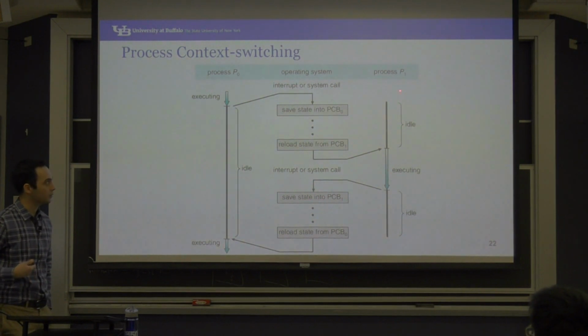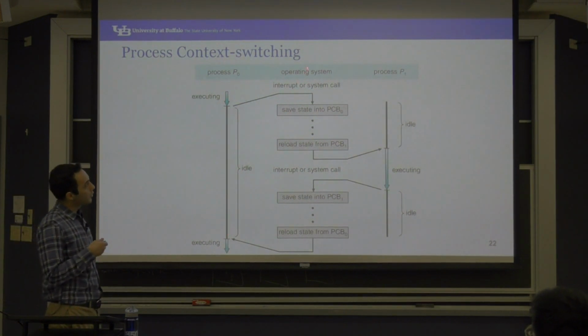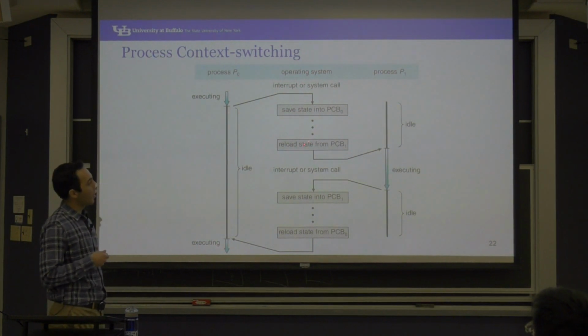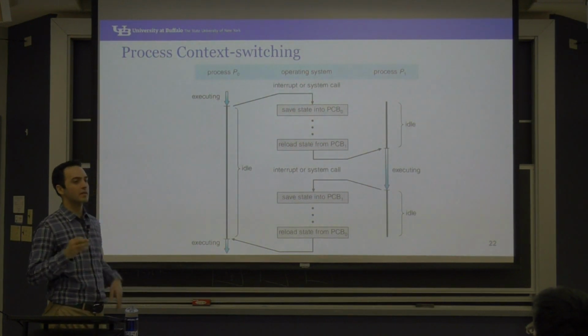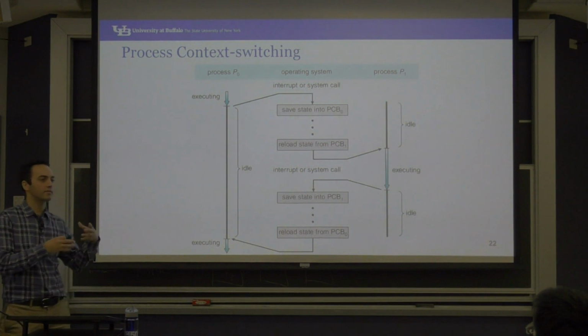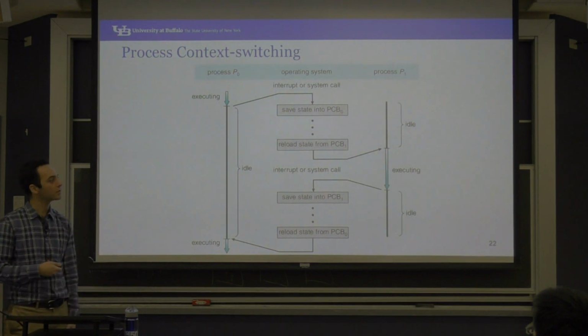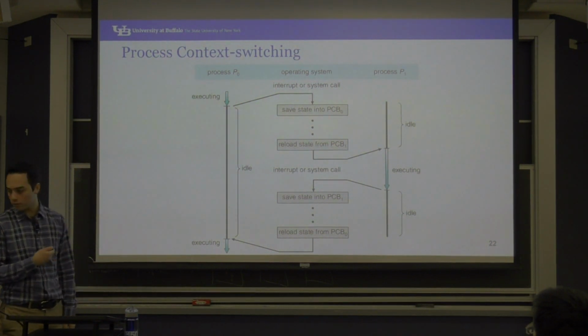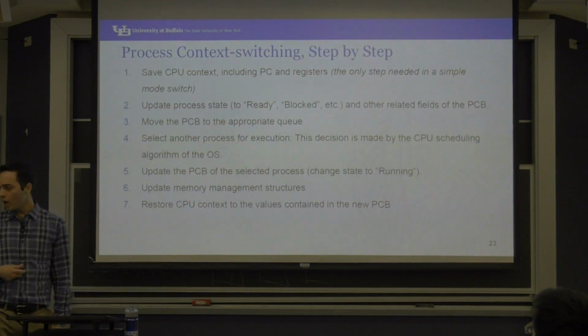Again, it saves the state of this process, and then loads the state of the other process, and this reloading is the exact thing that was saved earlier. So when it returns to this process, it's as if nothing has happened, right? It just continues. And remember, during the execution of the operating system, all these PCBs and everything are just data. All the processes are just objects, right? So that's why this can happen.